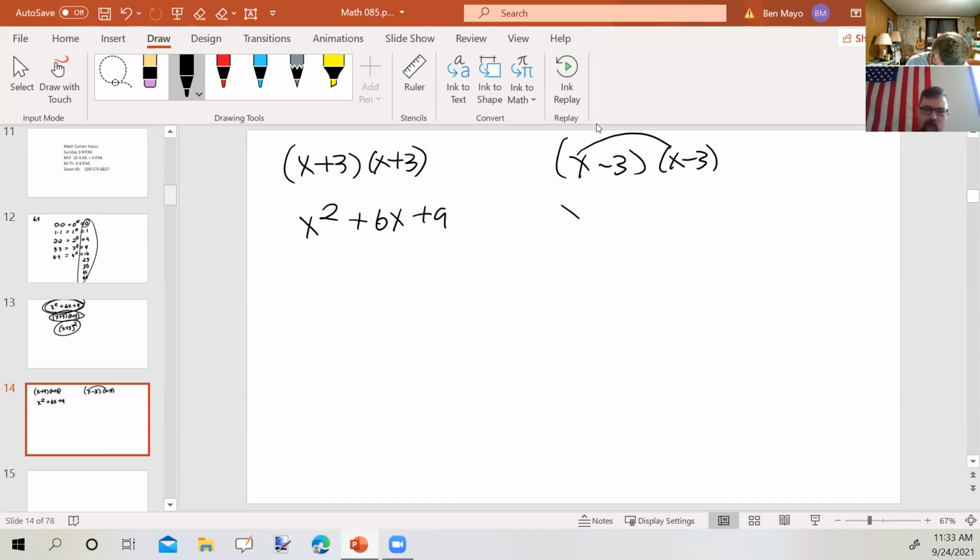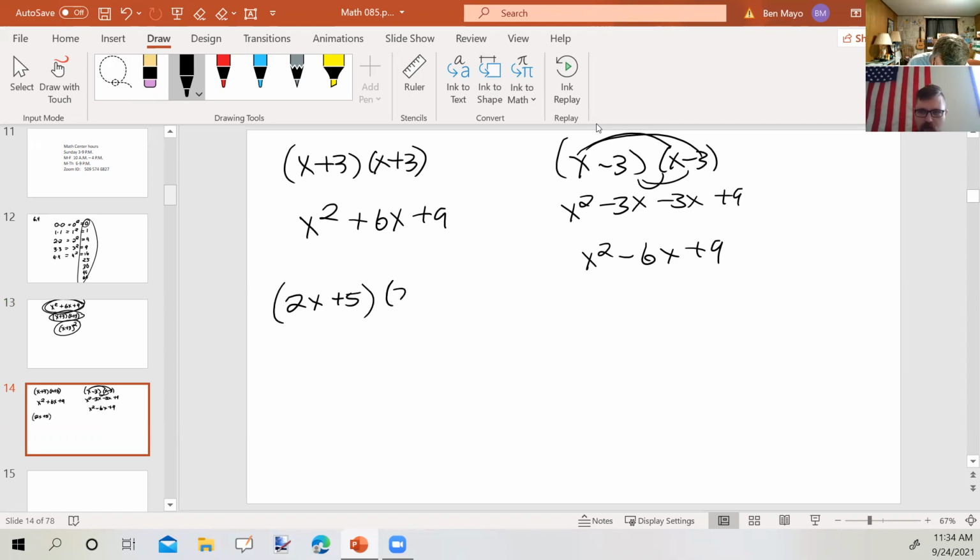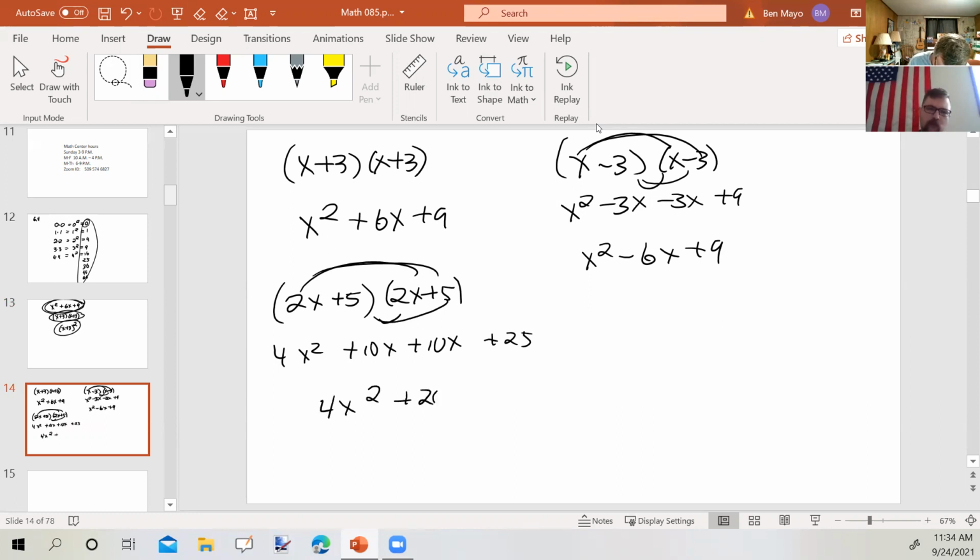If we FOIL that together, we get x squared minus 6x plus 9. Okay, let's say we take 2x plus 5 times 2x plus 5. We get 4x squared plus 10x plus 10x plus 25, combining like terms, 4x squared plus 20x plus 25.